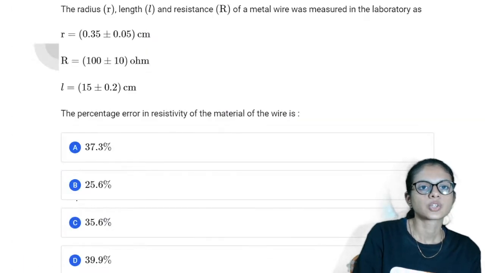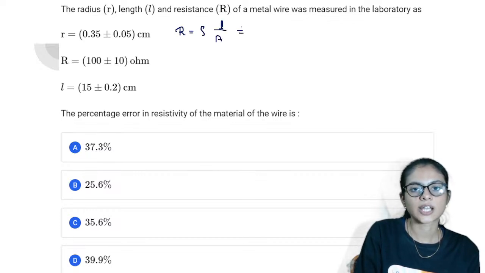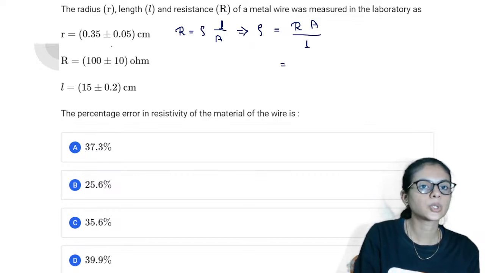Moving forward. The radius, length and resistance of a wire are given. We need the percentage error in the resistivity of the material. So we know that resistance R is equal to rho L by A. They are asking for resistivity. So resistivity is equal to R into A by L, right? I have told you how to calculate the percentage errors.